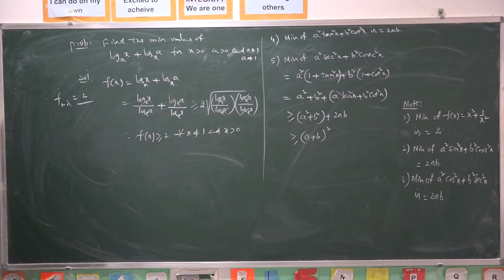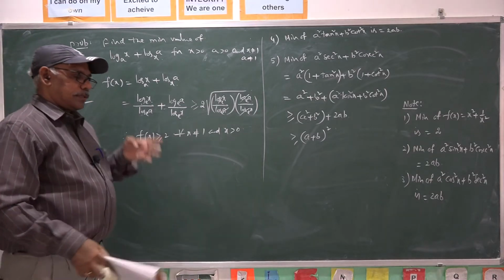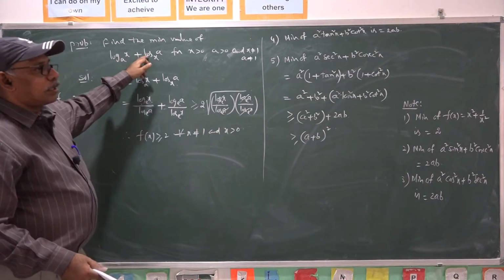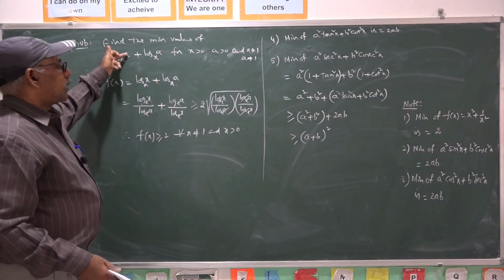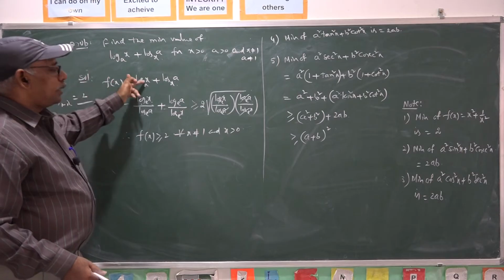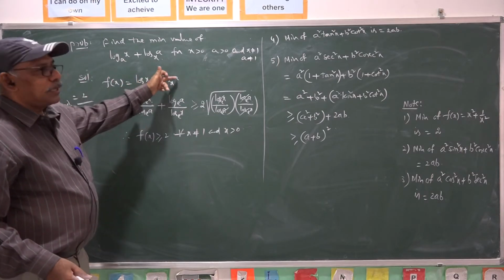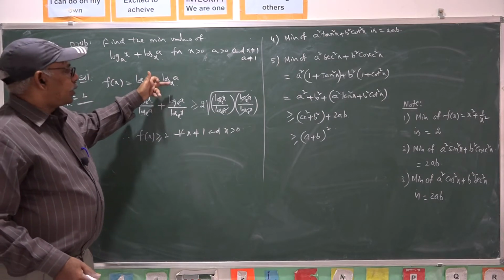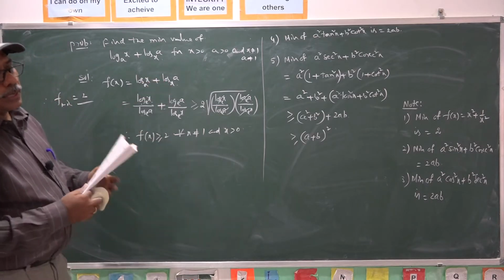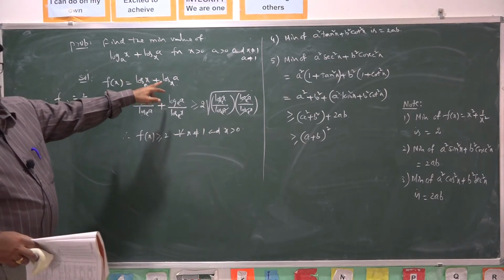So you can apply the arithmetic mean is greater than or equal to geometric mean for such problems. One should have that idea, logarithmic properties. This can be written as log x to the base e by log a to the base e. Similarly, log a to the base e by log x to the base e. One is the reciprocal of the other.